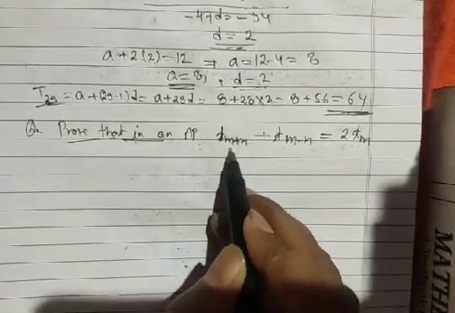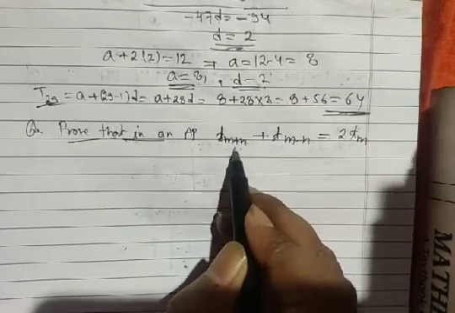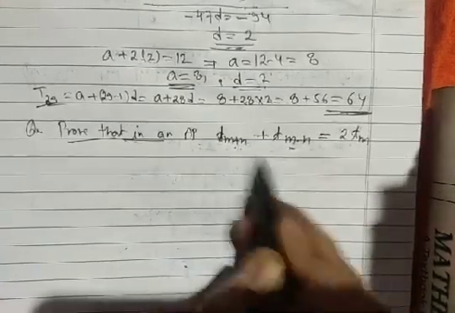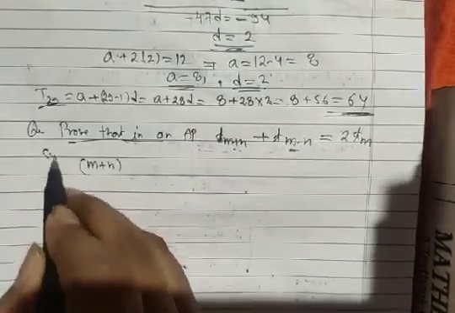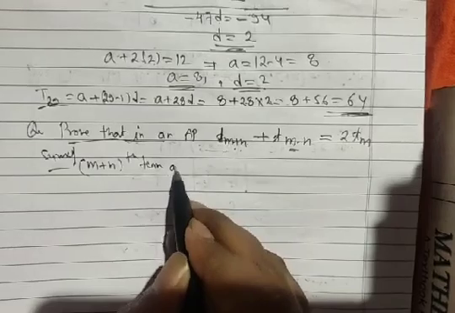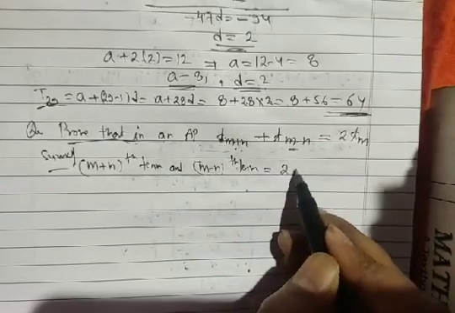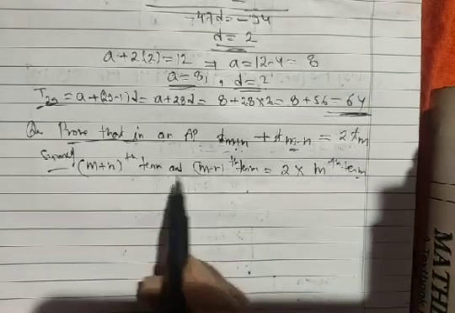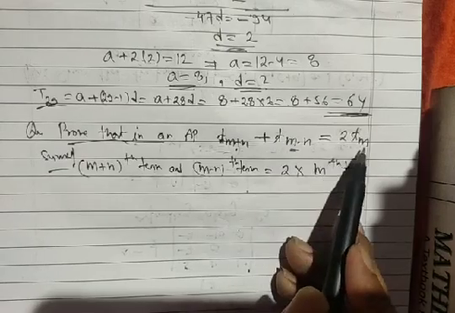Here Tm plus n is the m plus nth term, and Tm minus n is the m minus nth term. We have to prove that in an AP the sum of the m plus nth term and the m minus nth term is 2 times the mth term.